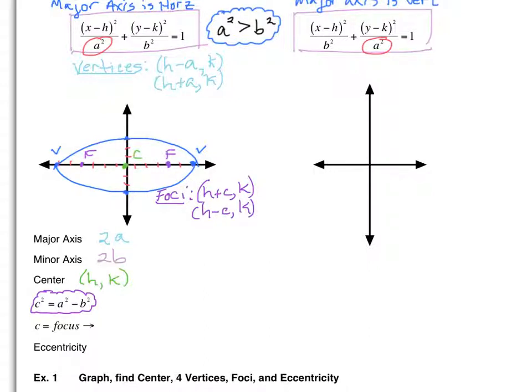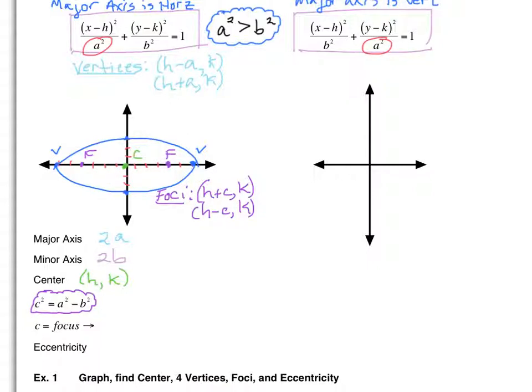Now c we can get from this Pythagorean relationship here. If I know a squared and I know b squared, we just subtract them, and that gives us c squared. And then I can take the square root of that, and that's c. And that c is represented by the distance that the focus is from the center.